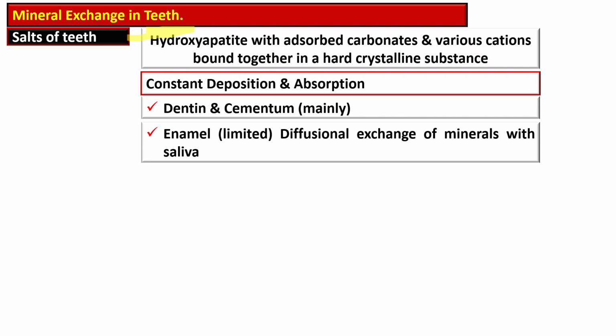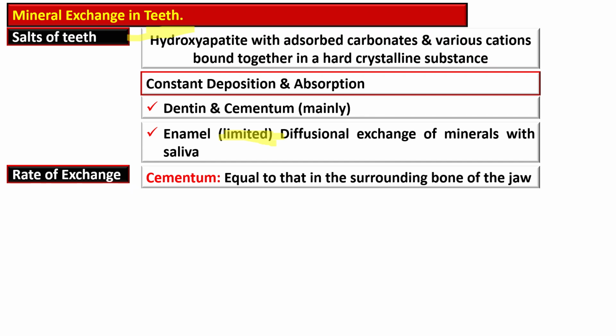Enamel is responsible for minimal exchange, and the exchange is mainly via diffusion with saliva, not the pulp cavity fluids. The rate of exchange of the mineral is determined by the cementum.